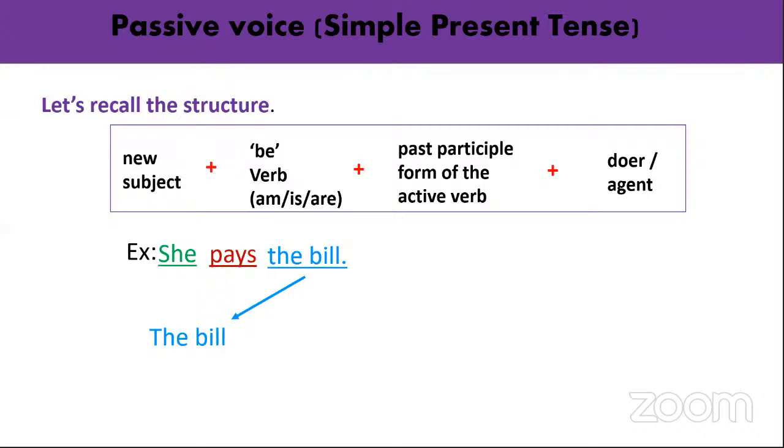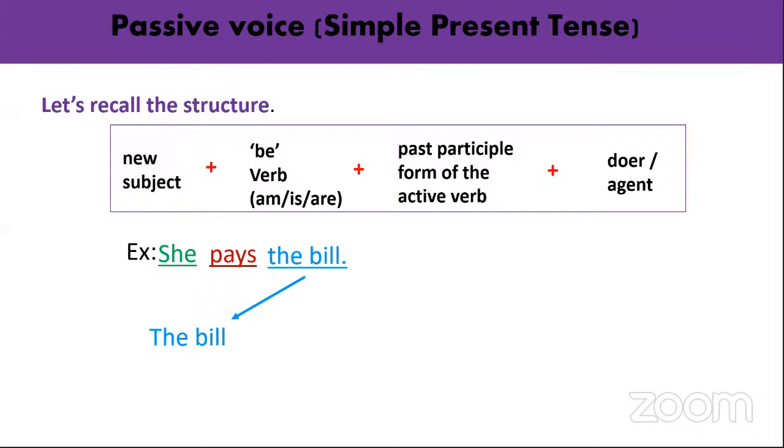Then you have to look at the verb here. What is the verb? Pays. Why do you look at the verb? So you have to decide the tense. Then what is the tense here? It is simple present. Then according to the above structure, what comes next? The be verb.